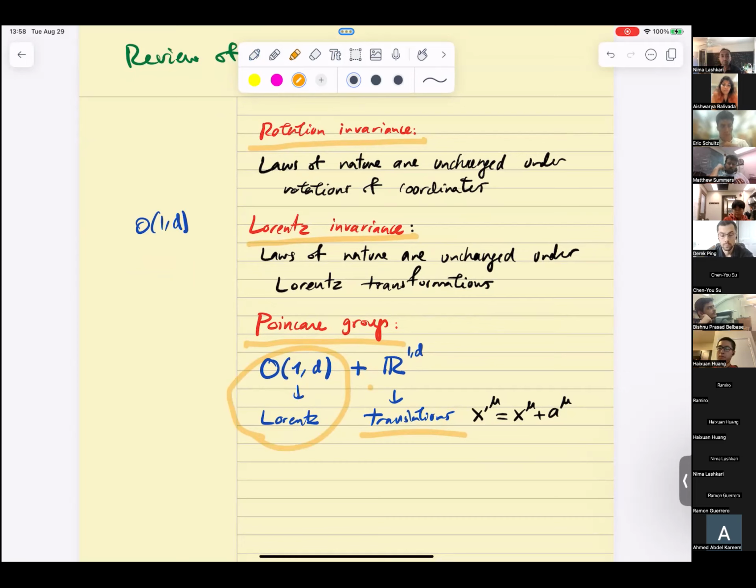The combination of the Lorentz group and translations is called the Poincaré group. I write this plus just to not scare you with the mathematical notation of the semidirect product, but the group you get by having translations and Lorentz transformations is called Poincaré, right? These are the symmetries of flat space-time quantum field theory. Are we good? Any questions?